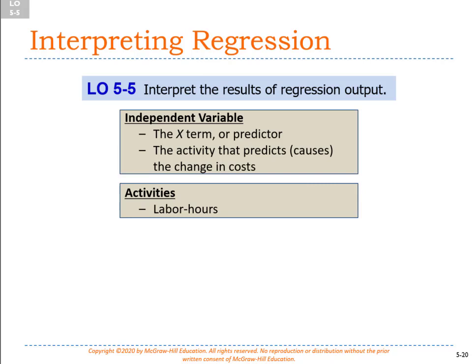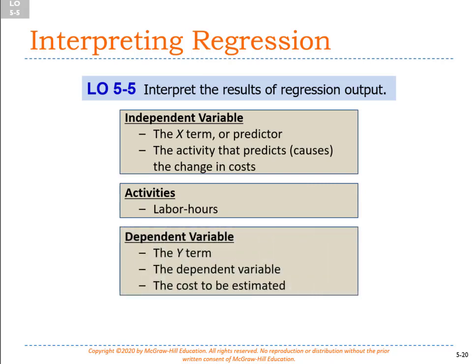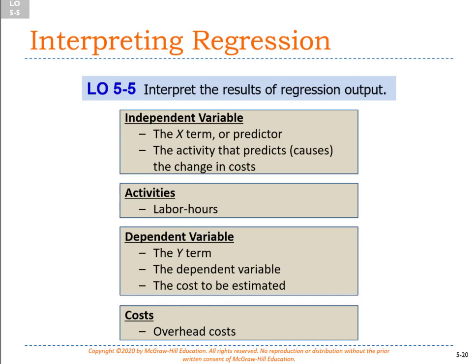So when we interpret regression, and we'll show you an example in just a minute about how to make that work in Excel. Okay? Independent variable is the X, or that's what's going to predict. That's the activity. So in the case we just showed you, that is the hours, the repair hours. That is the activity.